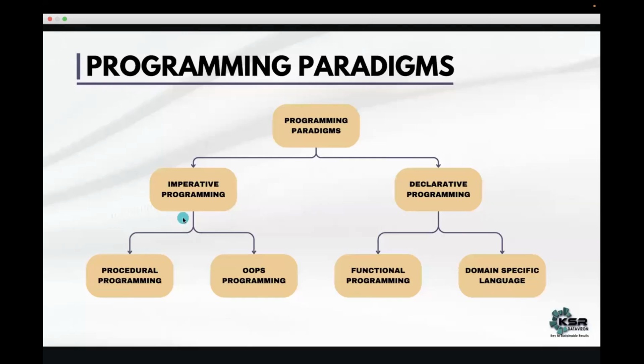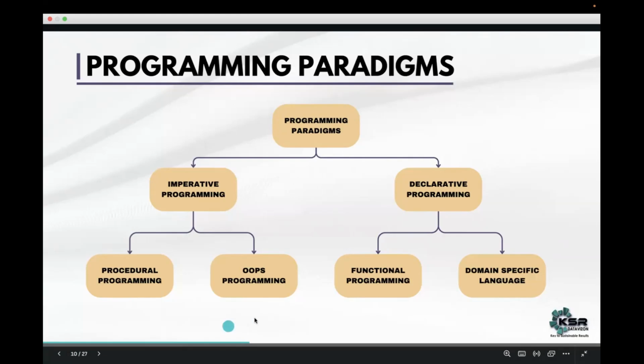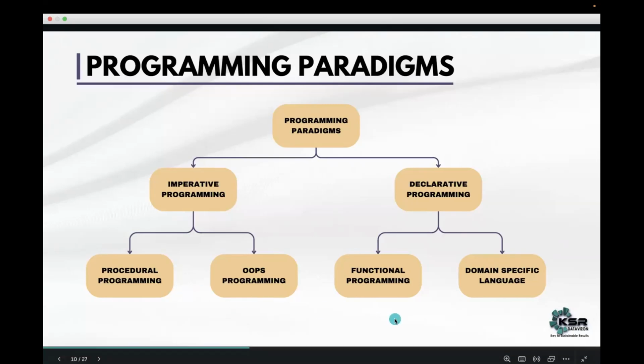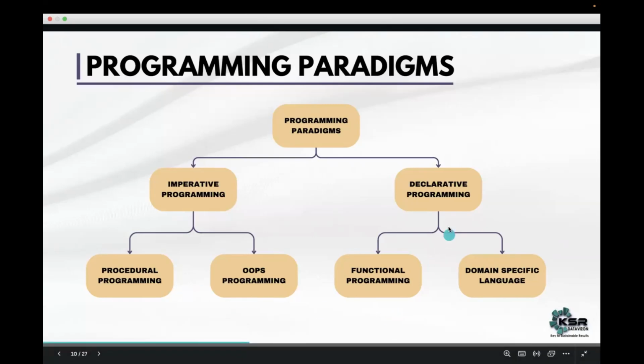In imperative, there are tens of programming paradigms, but we'll see the two major important ones: procedural programming and OOPS programming. OOPS is object-oriented programming system. Next, in declarative, we'll see two. There are a lot more, but these are the important ones: functional programming and domain-specific languages.